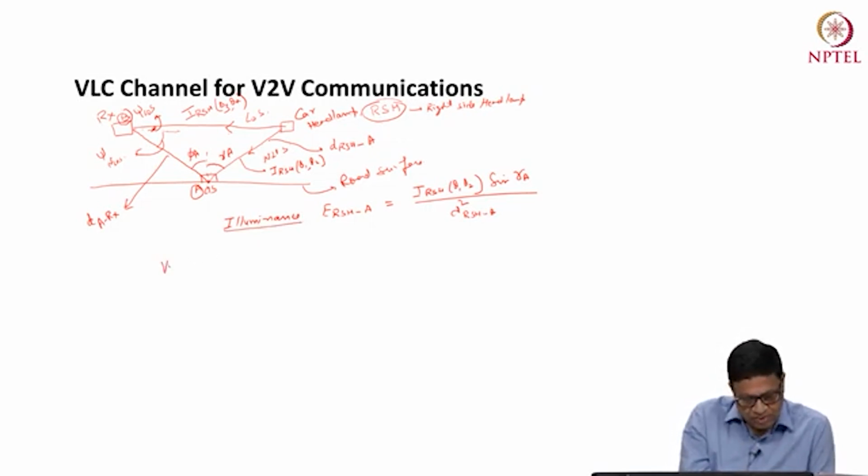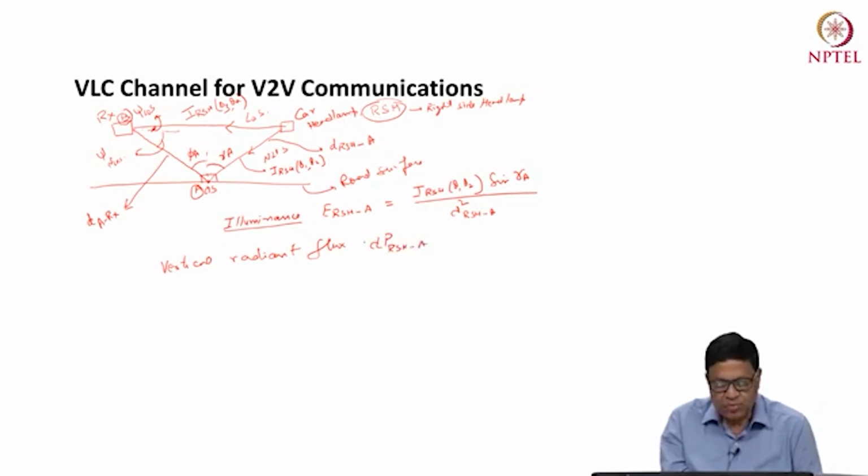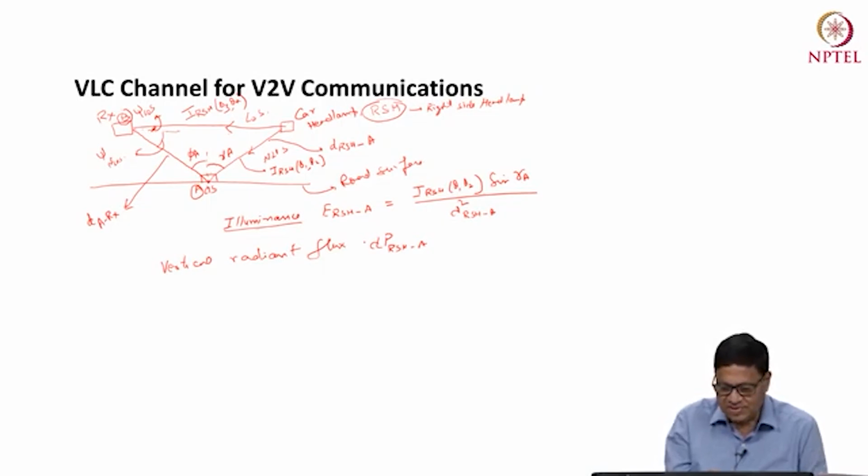Now the vertical radiant flux, let us call it dP RSH A. There is a vertical radiant flux coming from the surface of the road.